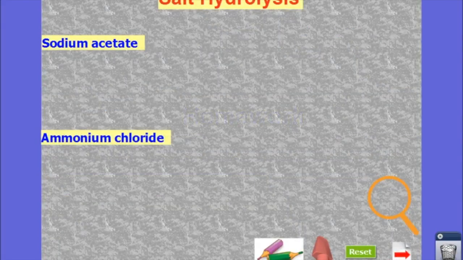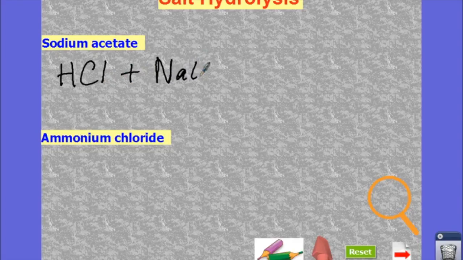Now, let's talk about salt. What is a salt? A salt is an ionic compound. Let's describe it a little bit more. If I take, for example, HCl, which is a strong acid, and react it with NaOH, which is a strong base, it will produce water and a salt.